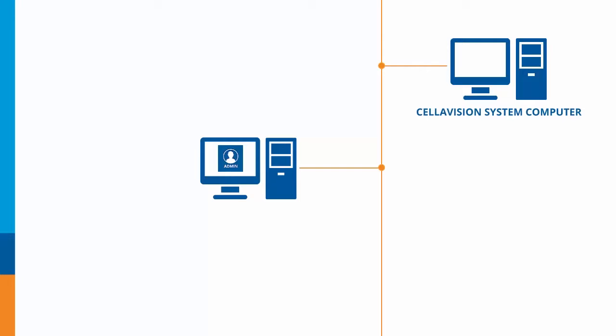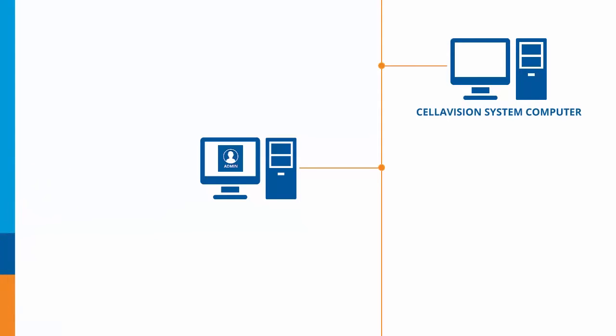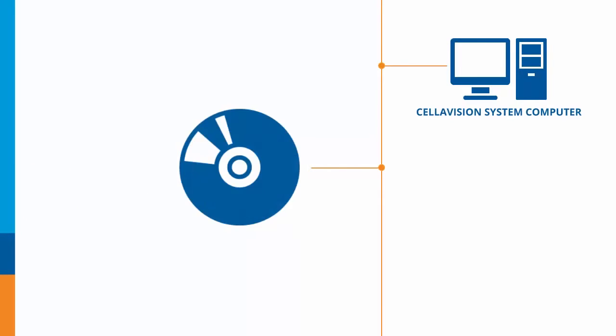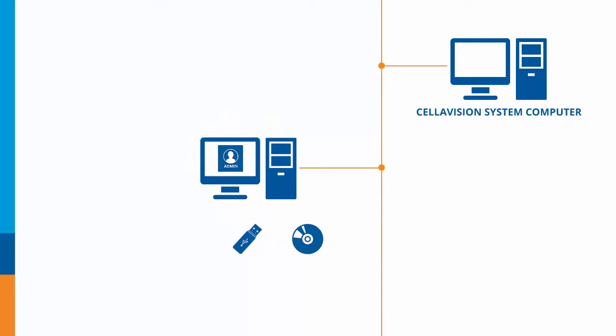This may mean that you will need someone from your IT department to be present or to log on to the PC for you. You will also need the software DVD and the USB license dongle that came in the package. Or you can use the software DVD that came with your analyzer. The PC must have a DVD drive, or you will need to copy the software onto some media that you can use to load onto the PC.